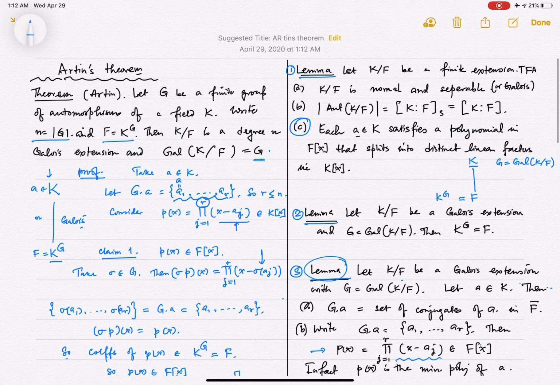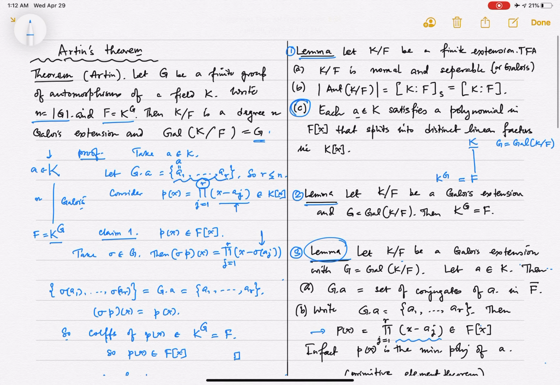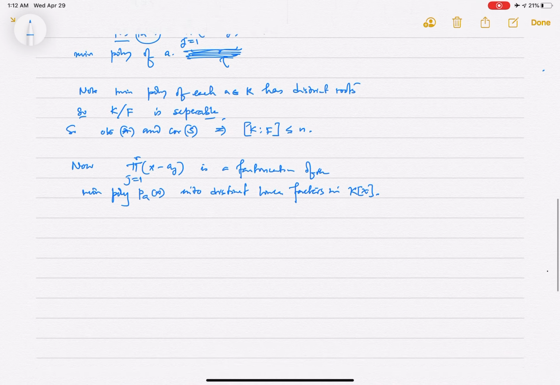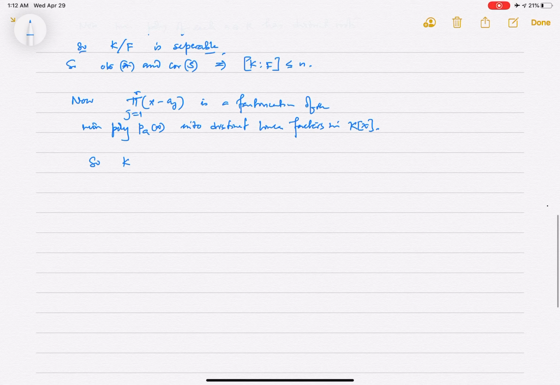So this criterion C tells you that K over F is Galois. It just remains to check that the Galois group is G.